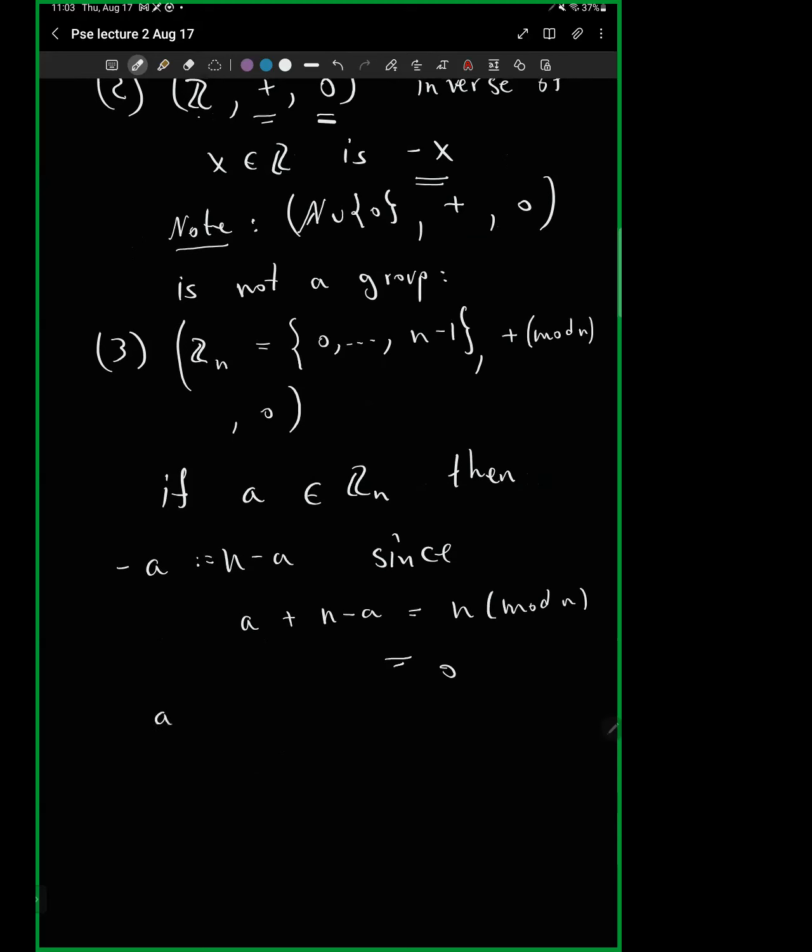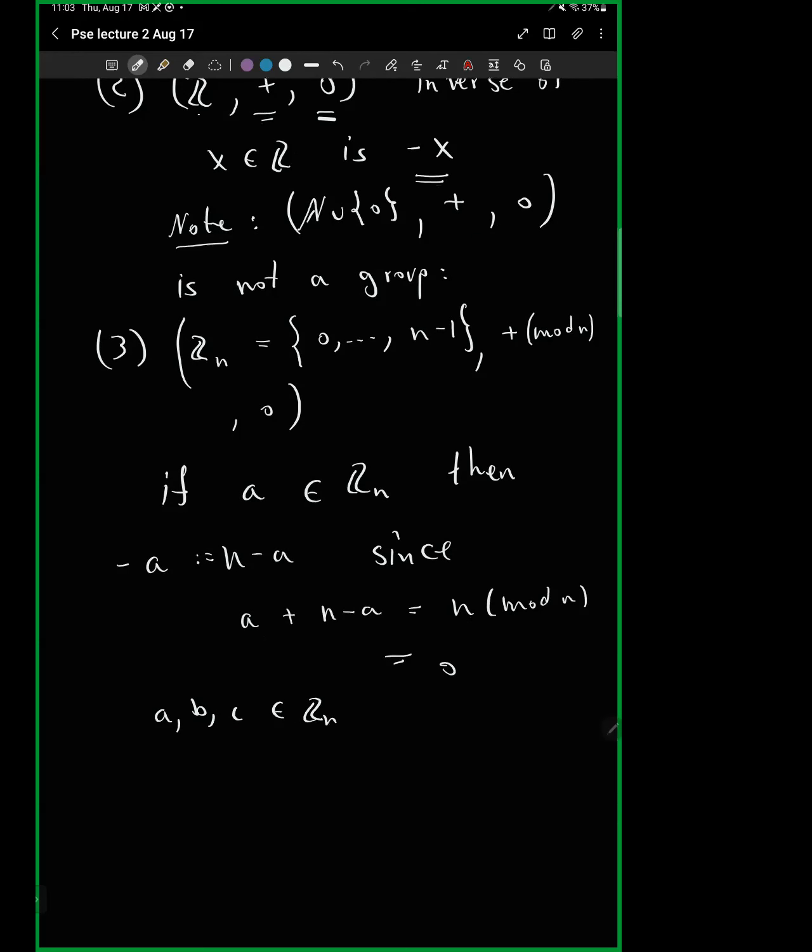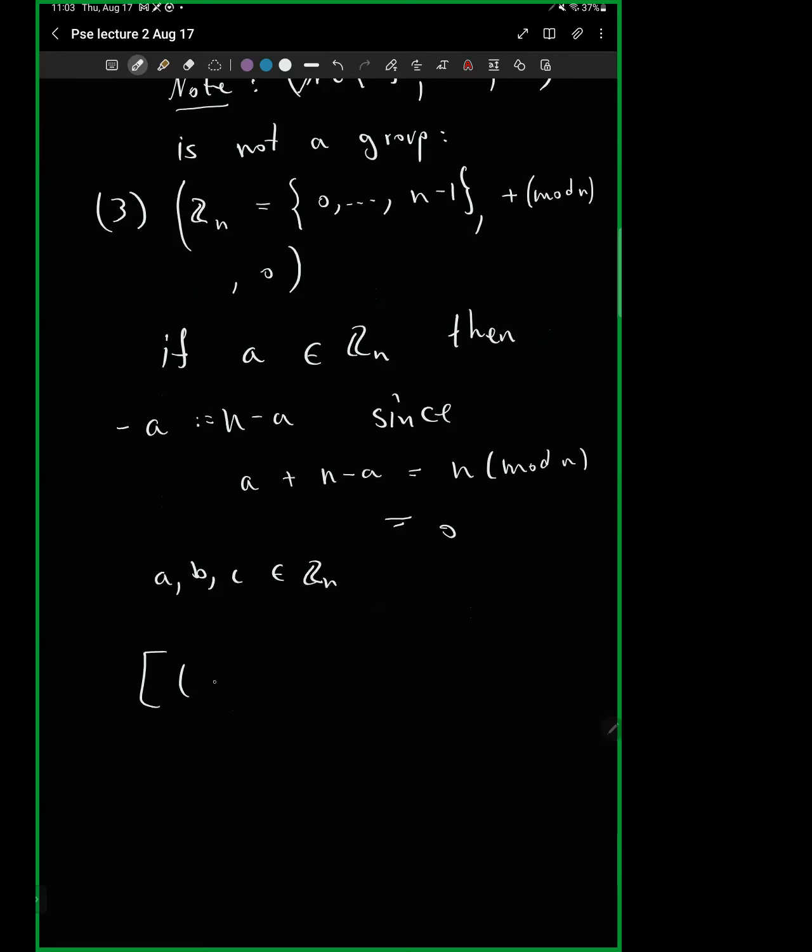So let's say you have A, B, and C in Z mod n, then you need to verify that if you take A plus B and you do mod n, and then you add C and you do mod n, you get the same thing as you take A and you add to it B plus C mod n, and then you do mod n.